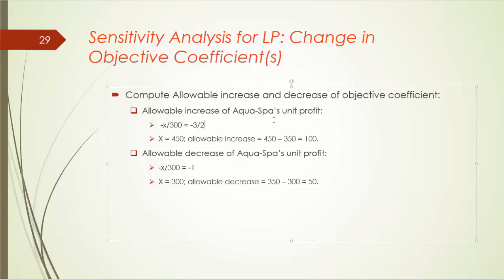Recall that the slope of the labor constraint is negative 3 over 2, and we solve the equation negative X over 300 equals negative 3 over 2, and get that X is equal to 450. As a result, the allowable increase of Aquaspar's unit profit is 450 minus 350, which is $100.